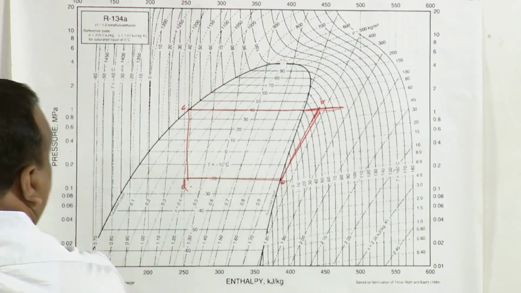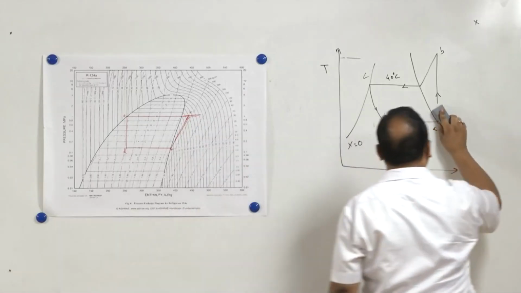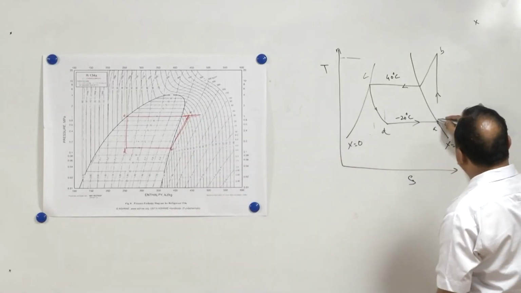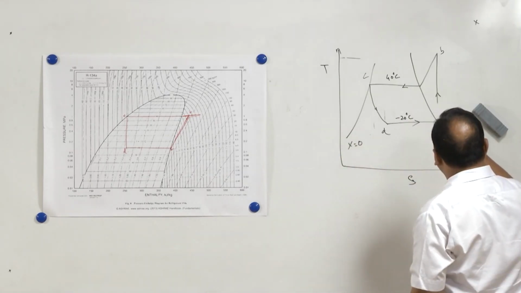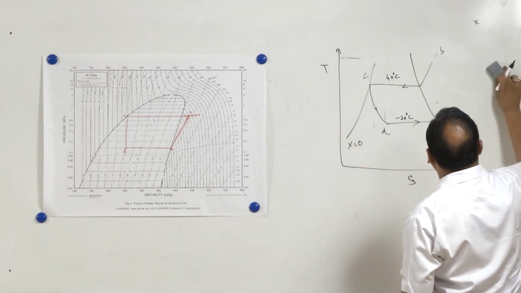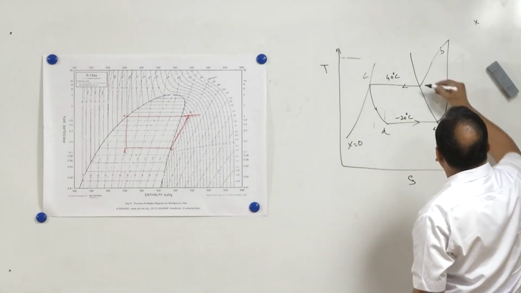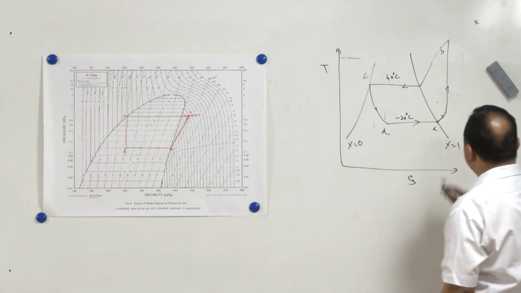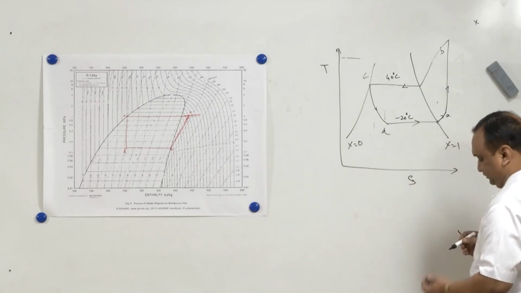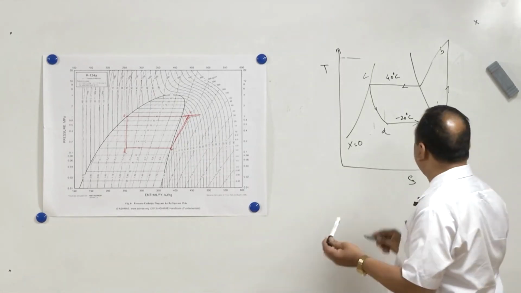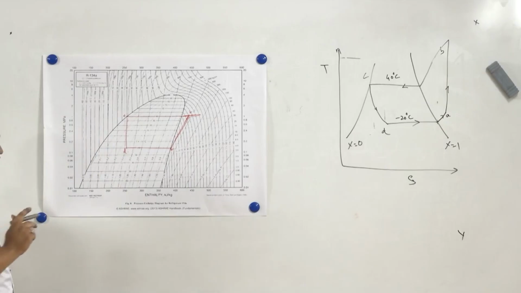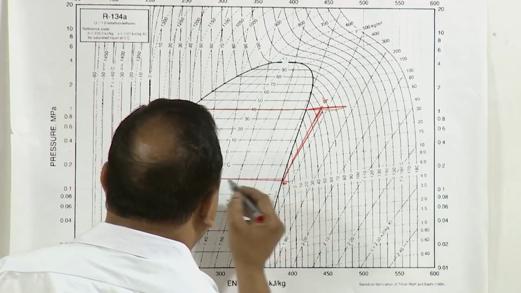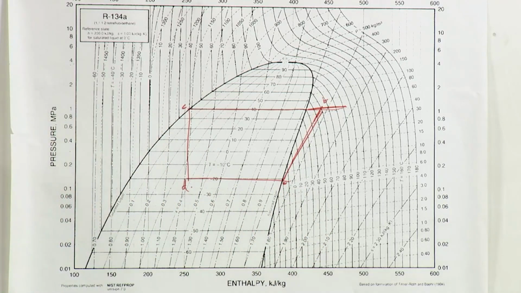Now, if the vapor is superheated, then these points will be shifted, and A will be somewhere here. Now, if you want to show the superheating, the pressure is constant, and here the saturation temperature is minus 20 degree centigrade.